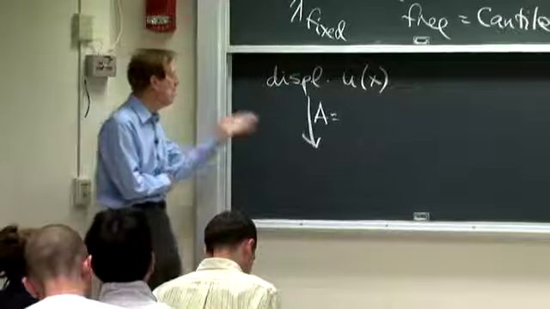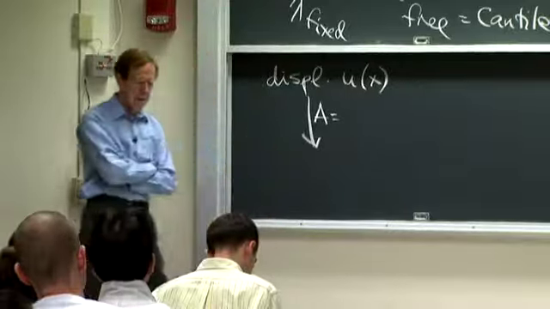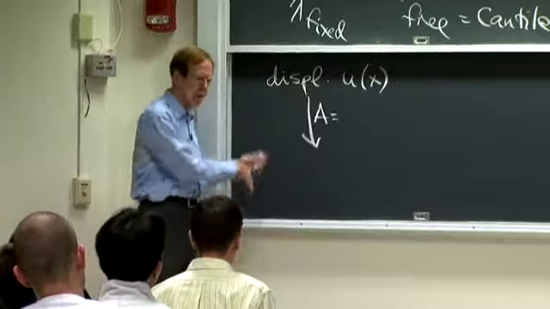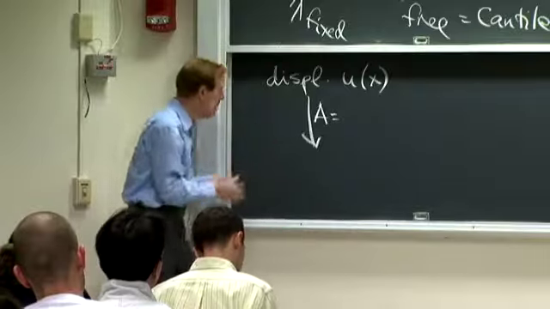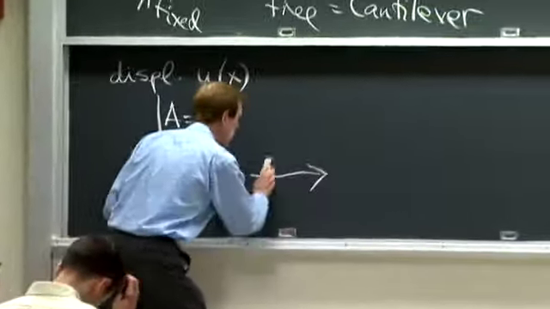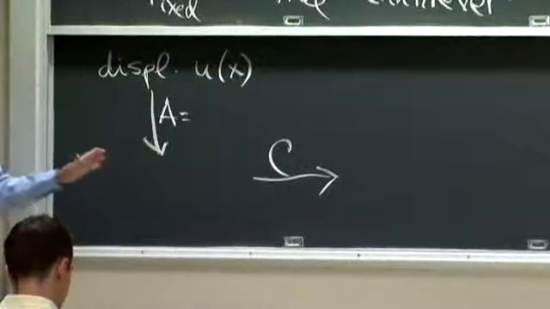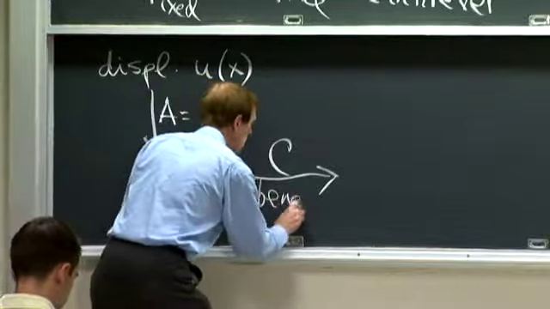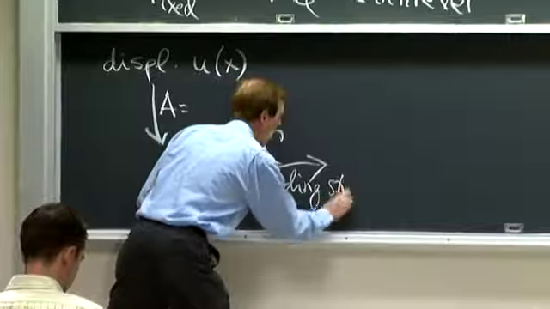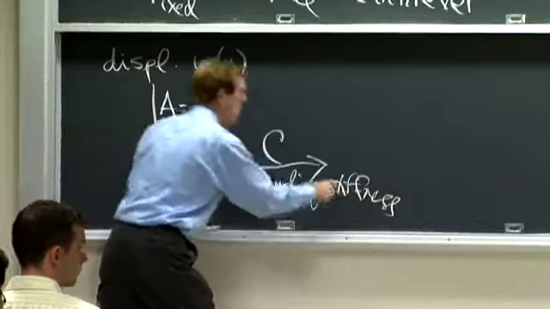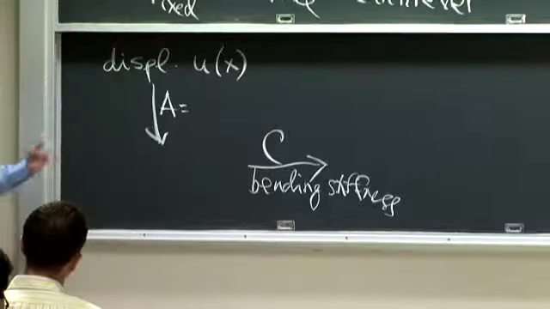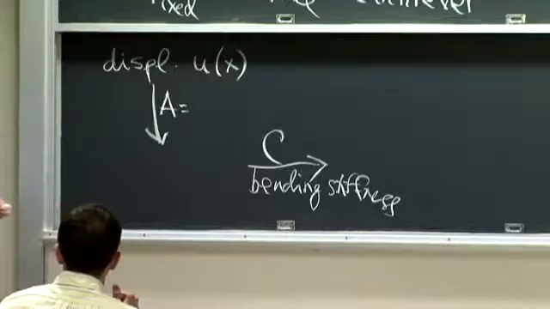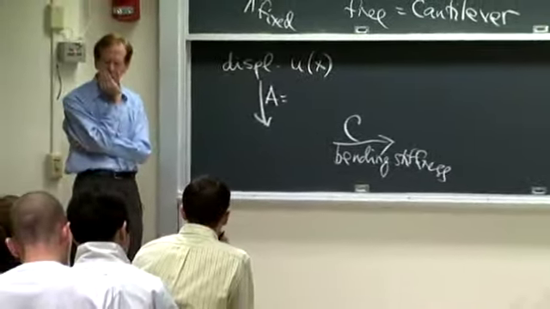What's the quantity there? So this is just geometric now. The stiffness, let me put in the easy part, C. That'll be sort of the bending stiffness, right? This will be the bending stiffness because the beam is going to bend. And over here, I'll get a suitable W. So when the beam bends, it's curvature.